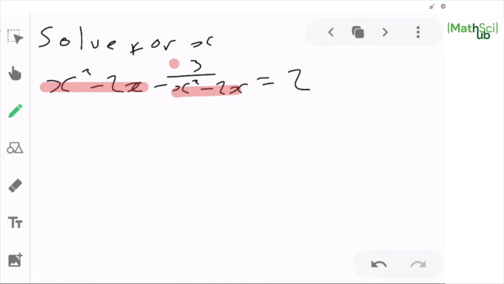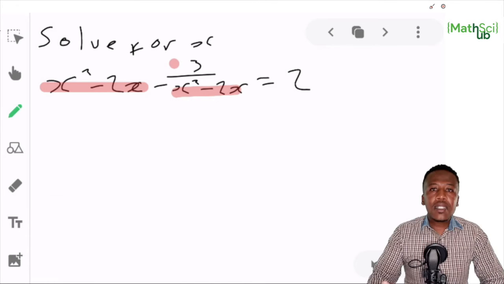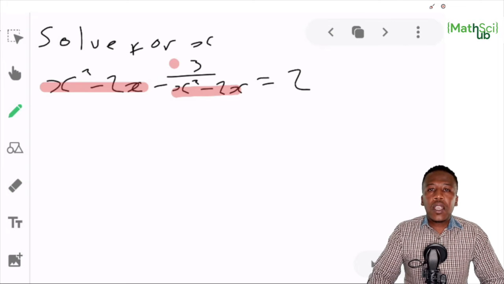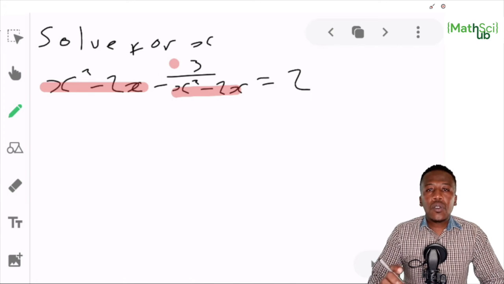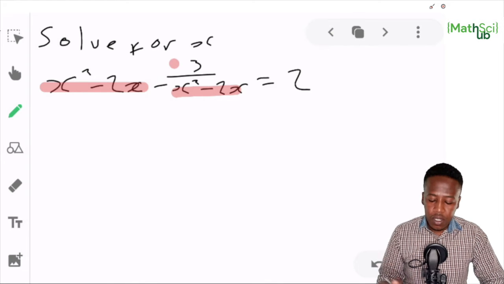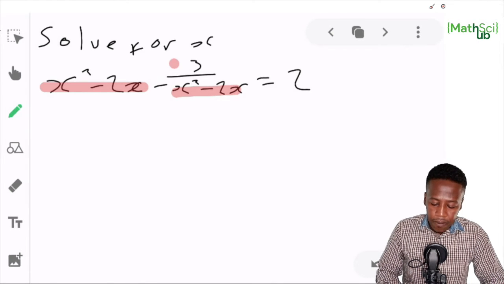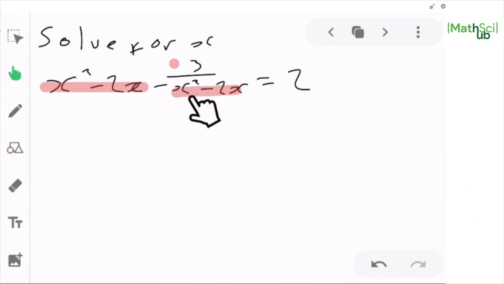Now before that, like I said, when you're dealing with expressions which are fractions, what you need to do is to check your restrictions. Check what x mustn't be as your solution, or the roots, right? Now in this case, we have the denominator here.